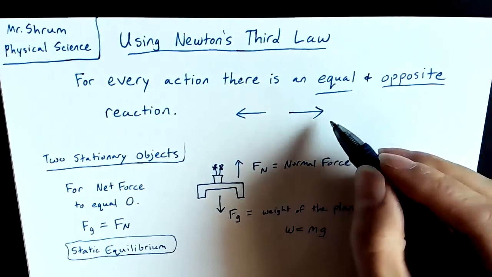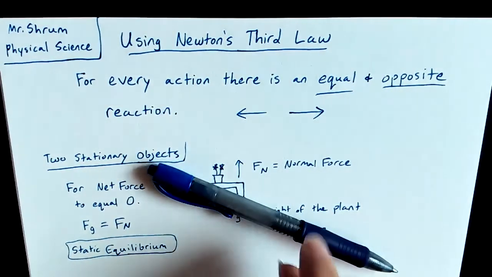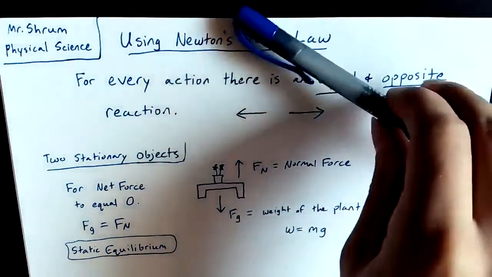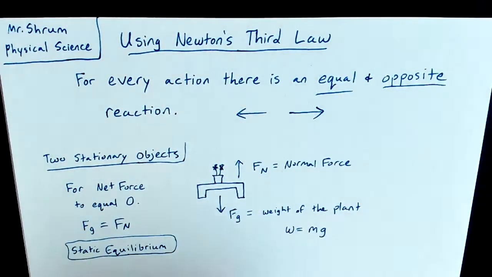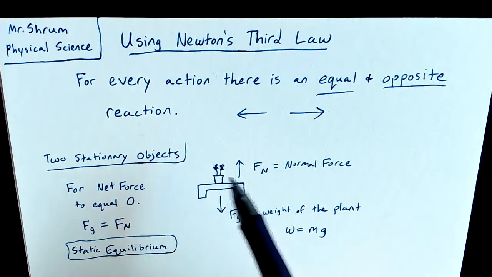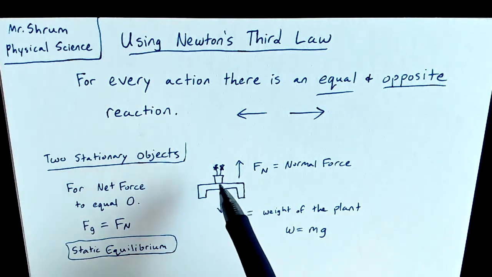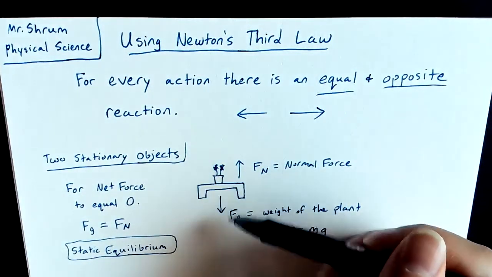If I push this pen across the table, right, there's an equal and opposite force going the other way from friction. And we'll talk about that later. Or if you have a plant sitting on a tabletop, there is the force due to gravity pushing down, right?